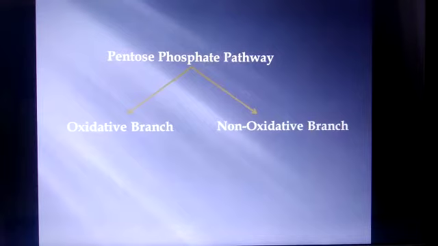The reactions of the pentose phosphate pathway take place in the cytoplasm of animal cells. The pathway can be divided into two branches, the oxidative branch and the non-oxidative branch. In the oxidative branch, the reactions involve oxidation-reduction.